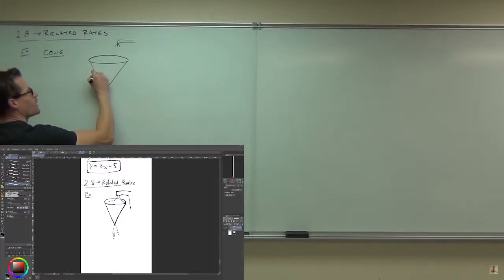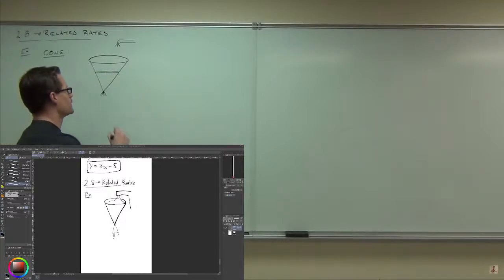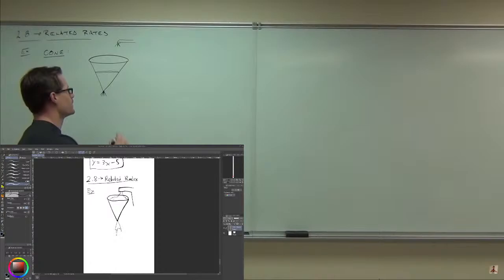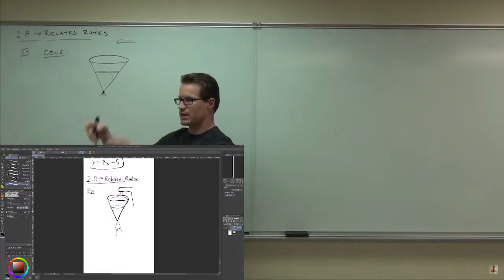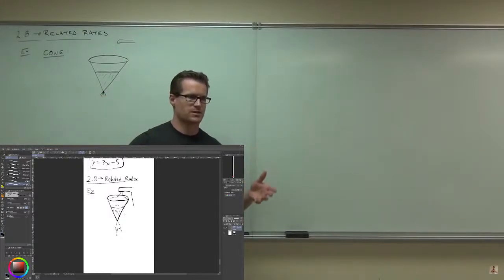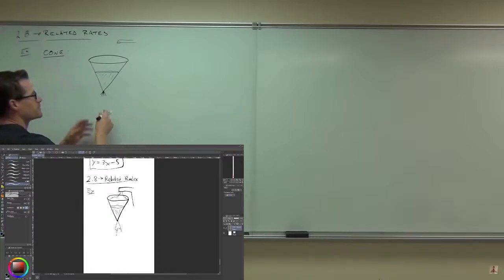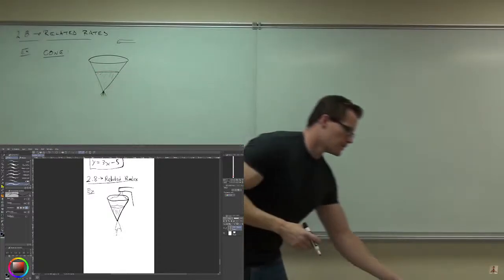So after a while, I'm going to have some sort of a level of water here. True? And of course, as soon as I shut this off and open up this bottle, the water starts leaking out, probably pretty fast at first. Now, our cone has a couple of dimensions to it.